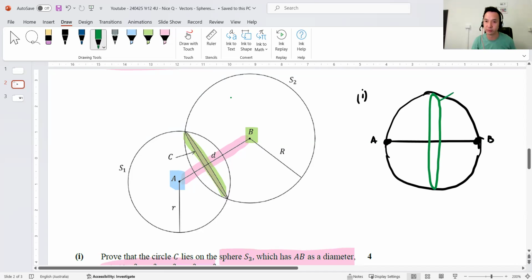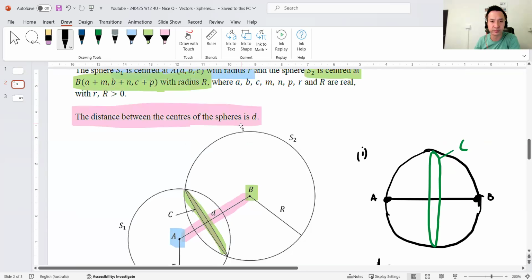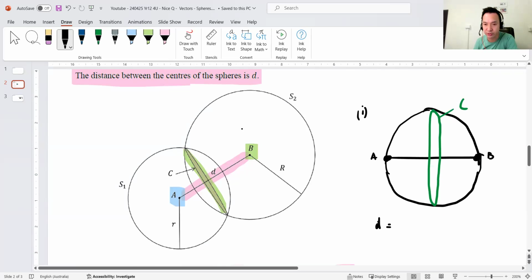This circle is circle C. Now, prove that the circle C lies on this sphere, which has diameter AB. So now, what's the diameter? Firstly, I'm going to figure out the diameter, d. d is equal to the magnitude of the vector AB. Let's just find that first.